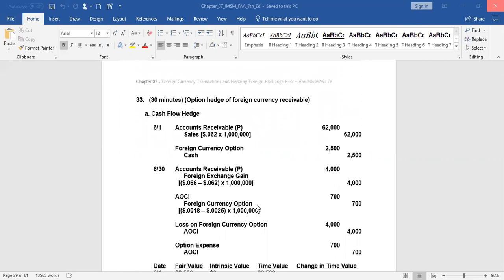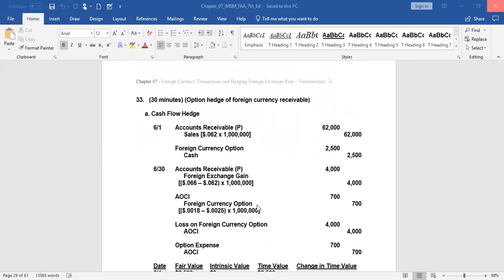We sold the goods for 1,000,000 pesos. We did not receive the pesos on the day of the sale. We won't receive the payment from the customer until September 1st, 3 months later.